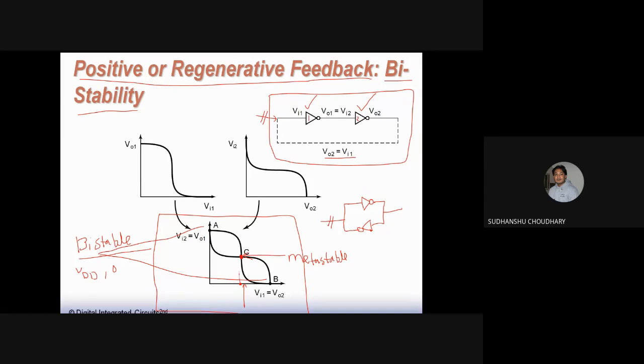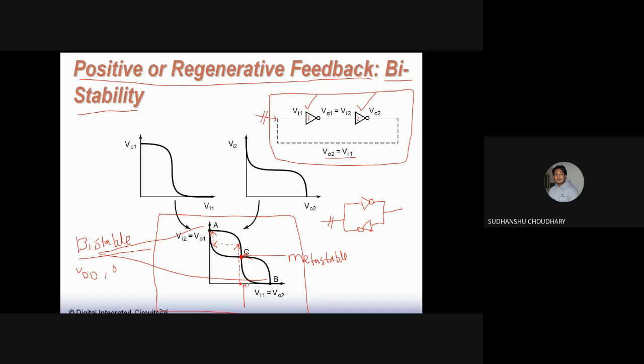Now at this point, if I try to find the VTCs, that is the response of these two inverters, this will be amplified. So at this input I'll get this much output, and at this input I'll get this much output, so that the output levels converge to either VDD or low.